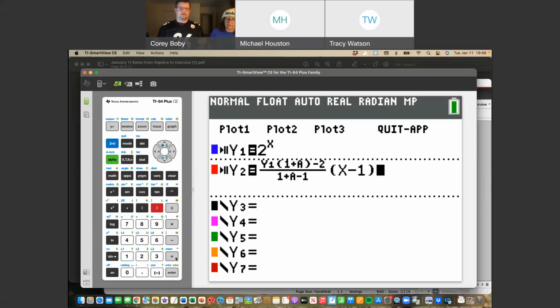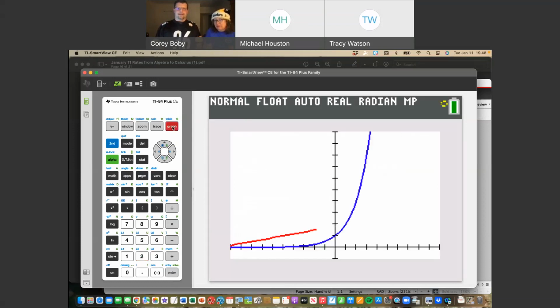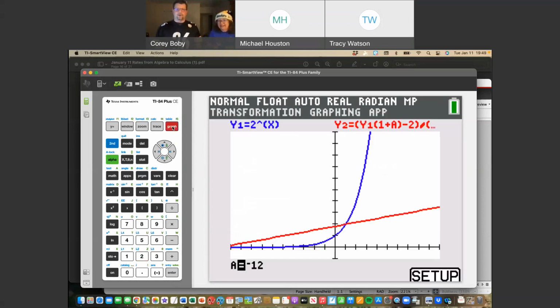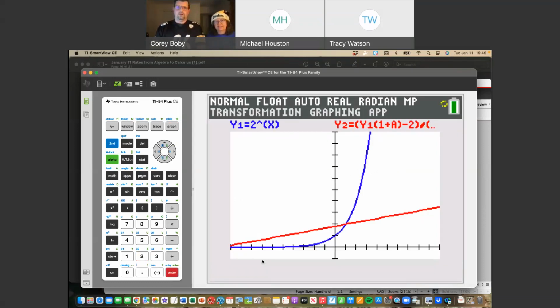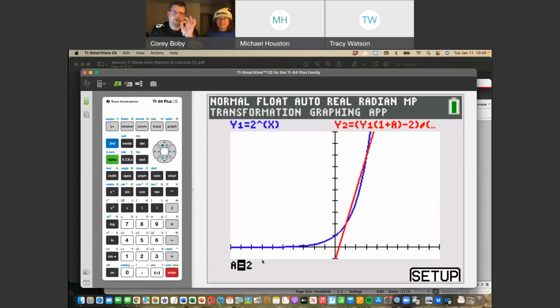And so what he's done is in y2 he wrote the equation for the secant line that we're looking at, which is movable. It's going through the point 1, 2 on the function. Let's make the a value 2. So now it's going through 1, 2, and 3, 8.